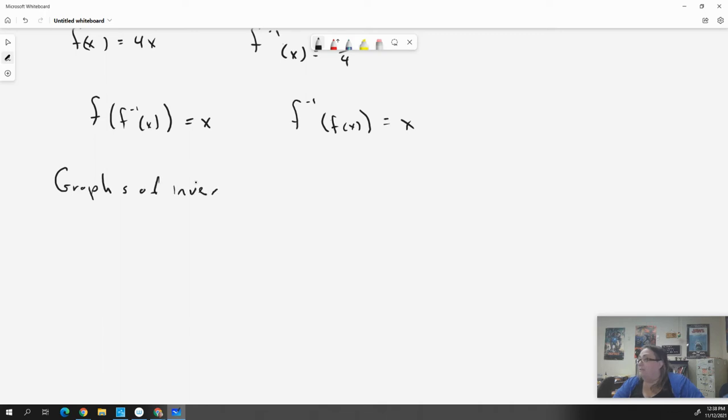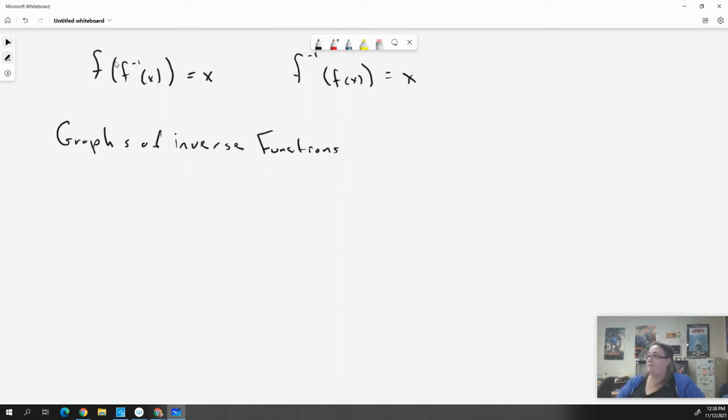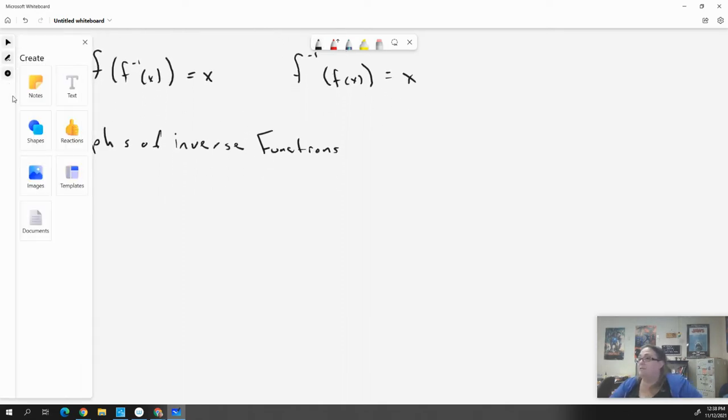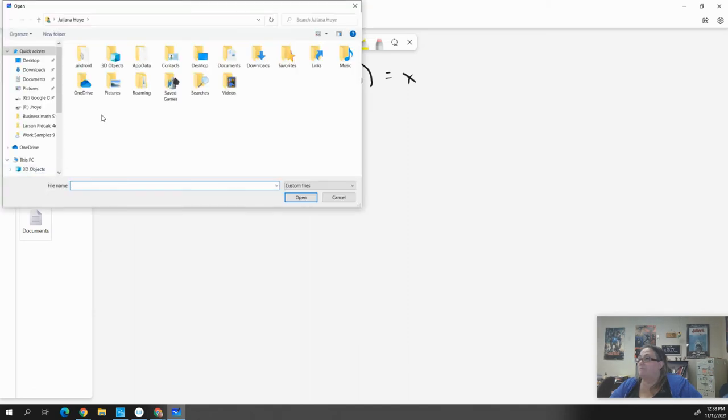I don't even like the way this writes. It's a little too fluid for me. I think I just have to get used to it. And the one thing to remember about this, let's hope I can still bring my picture up. There's my photo library. I don't even know where my library is anymore.